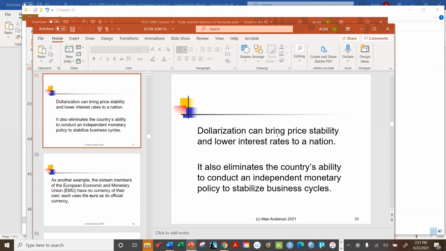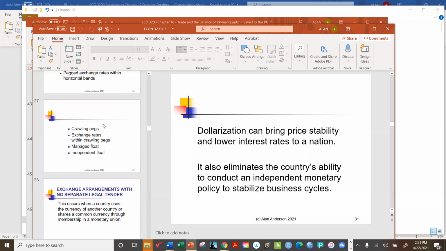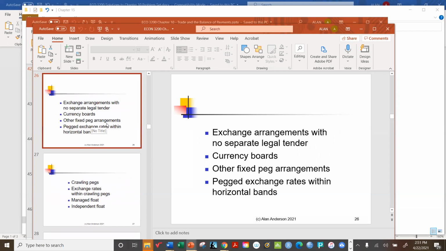They all gave up their own currencies to join this European monetary union. And as a result, they all now use the euro as their own currency. They've given up their own currencies. So that would be another example of what we mean by exchange arrangements with no separate legal tender.